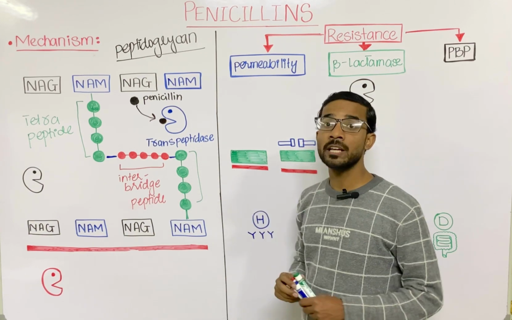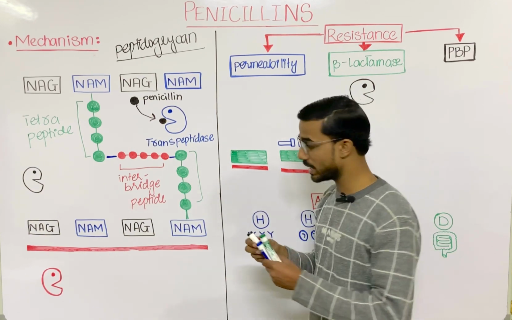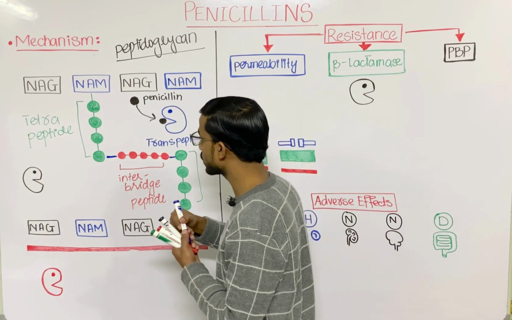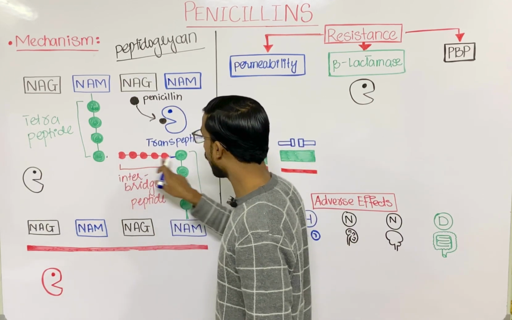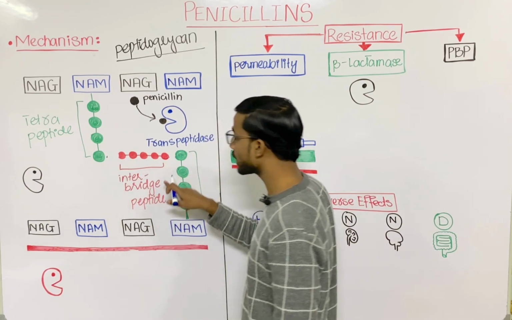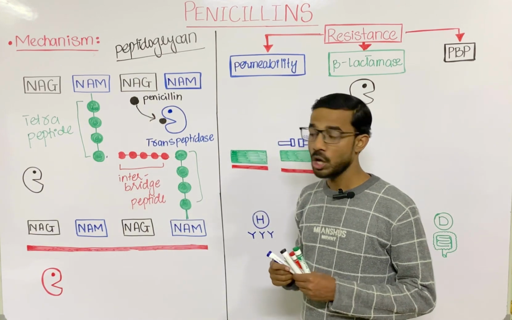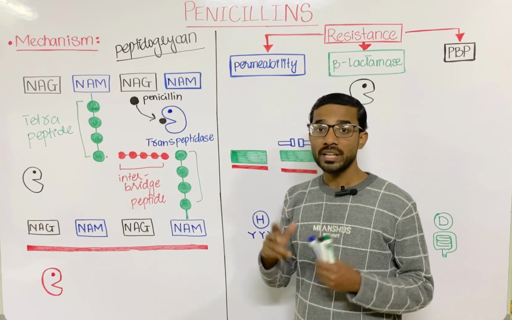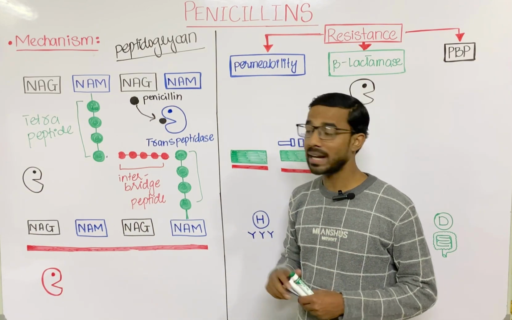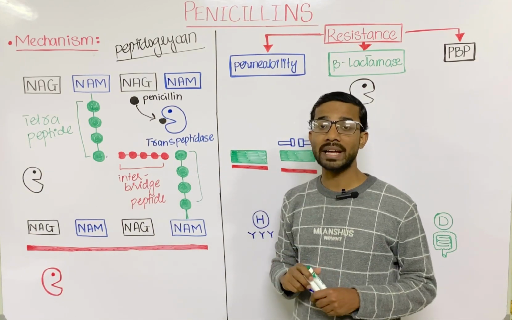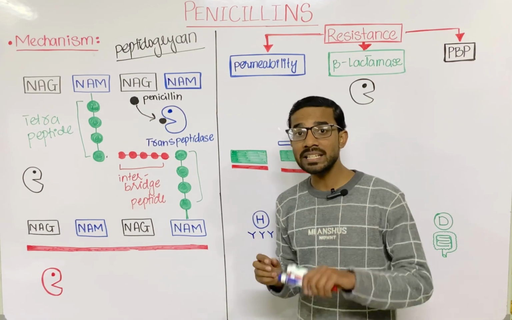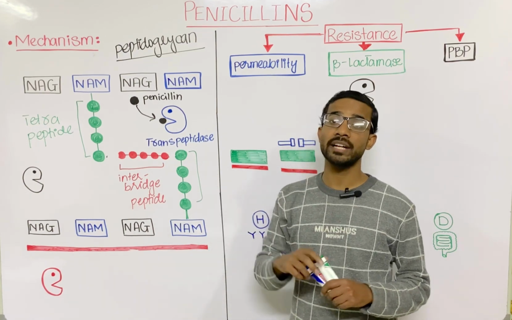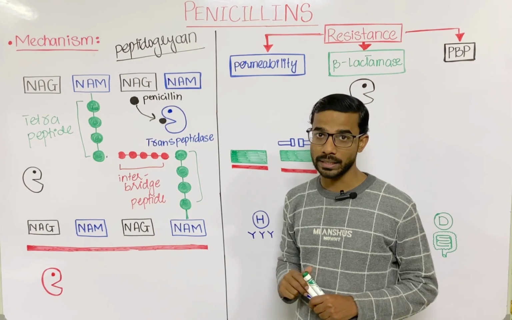When there is inhibition of the activity of the transpeptidase, there is no formation of the bond between the interbridge peptide and the tetrapeptide. So ultimately the peptidoglycan strength will reduce, and the peptidoglycan will break, and as a result water starts entering into the bacteria and the bacteria rupture.